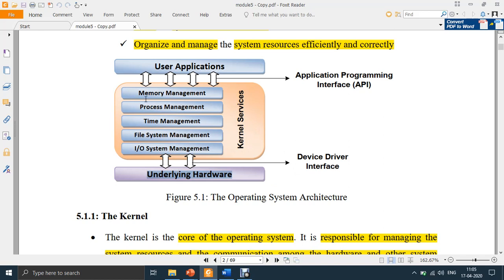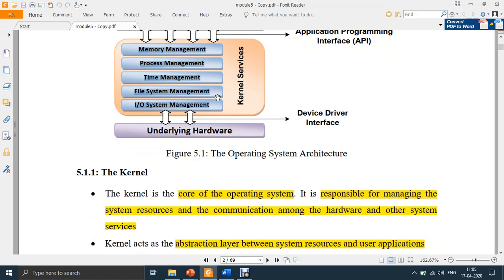What are the various OS services? Memory management, process management, time management, file system management, I/O management. All these come under the operating system. These OS services will be running as soon as you start your system. You need not open them; they start directly because the OS makes them start.